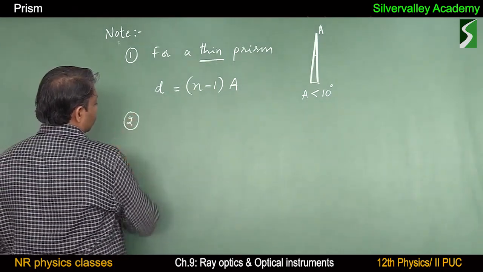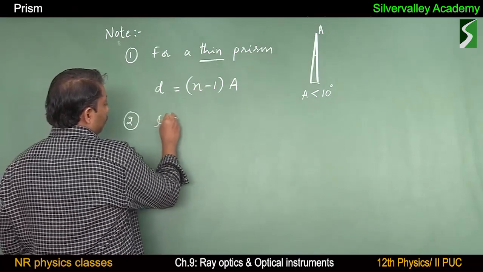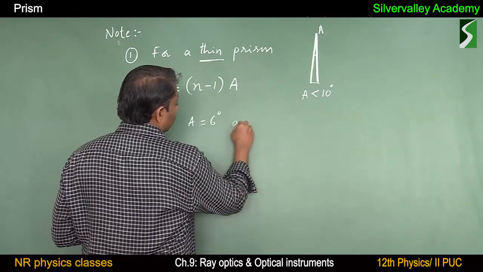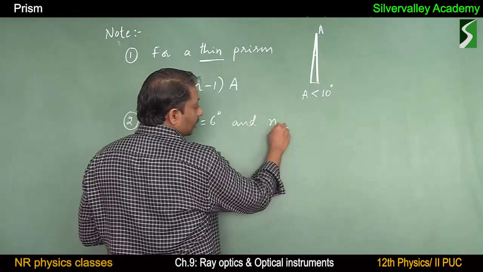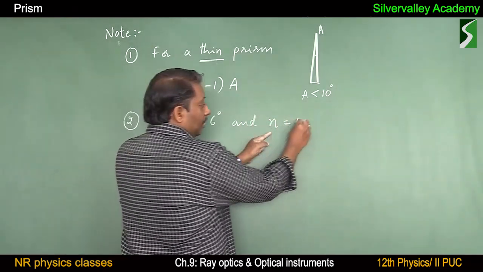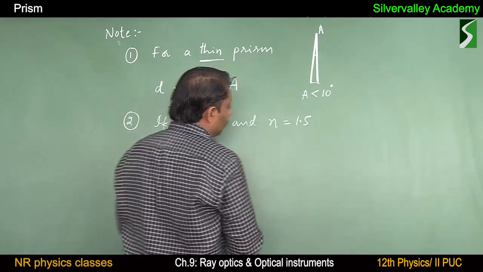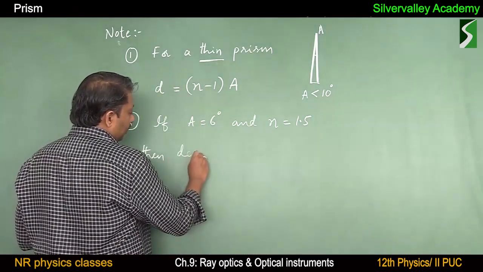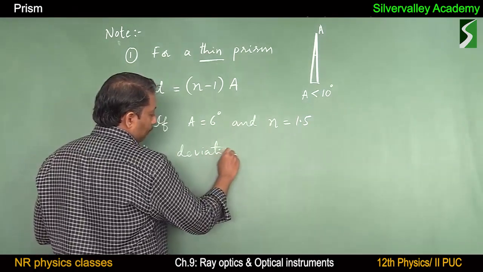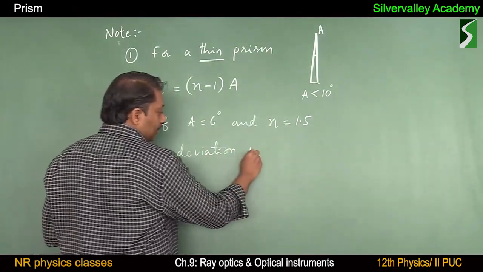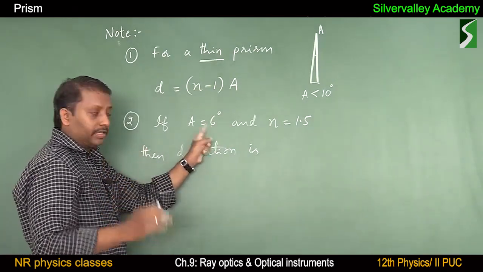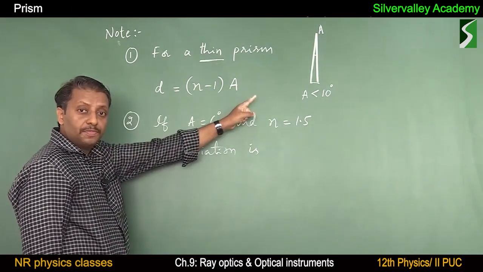Second, if A is 6 degree and refractive index of the material of the prism is 1.5, then the deviation is, see, angle of the prism is less than 10 degree, so you can treat this as a thin prism.